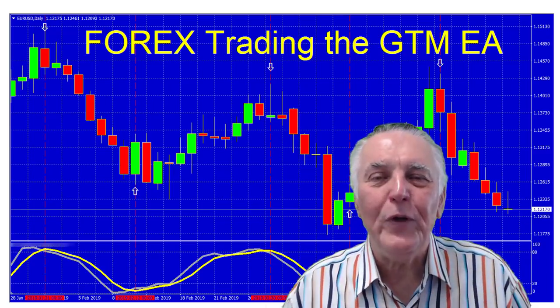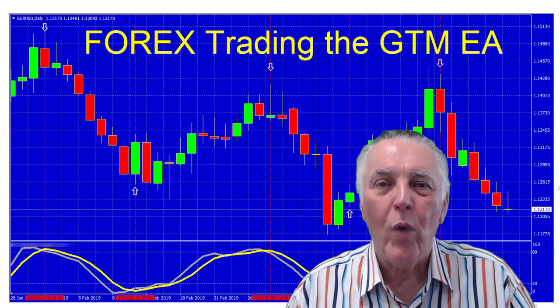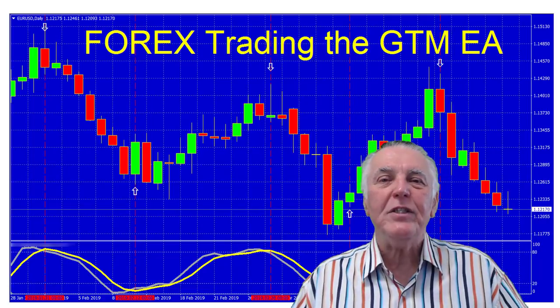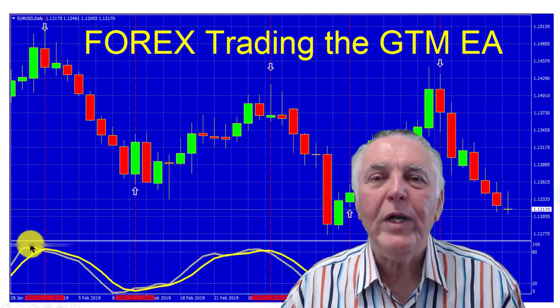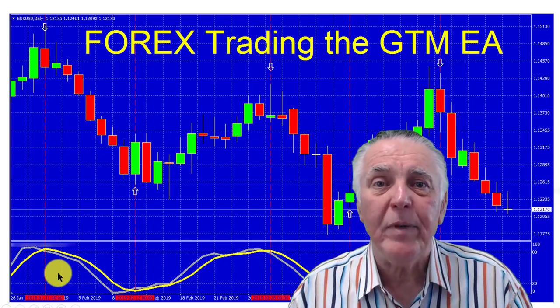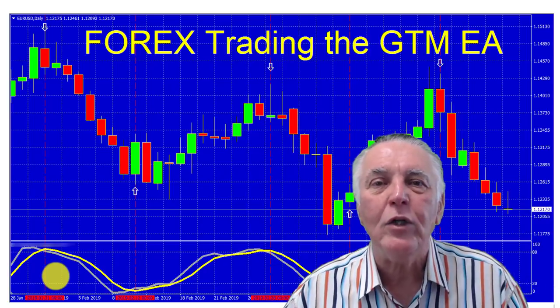Okay, so here's the first idea on how you can trade the Grid Trend Multiplier on a one directional basis, and that is using a momentum indicator. What we're looking at here is a stochastic momentum indicator, and when the two lines cross, it is a signal to trade.